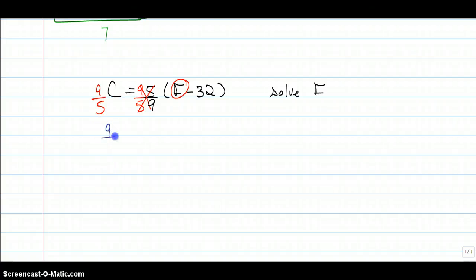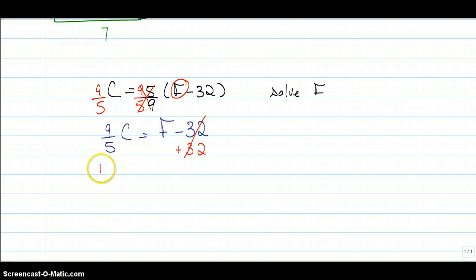What I do to one side I have to do to the other. So now I have 9/5 C is equal to F minus 32. My equation already looks better. I still want to get F by itself. 32 is kind of hanging on, so I'm going to add 32 to both sides. Now remember, I'm adding because I have a minus 32.